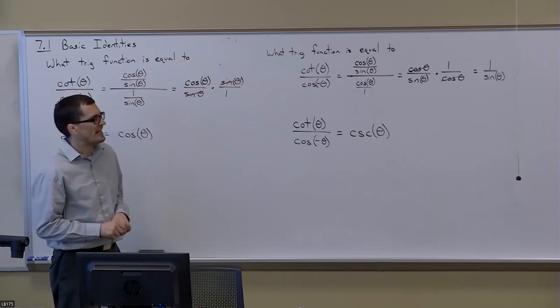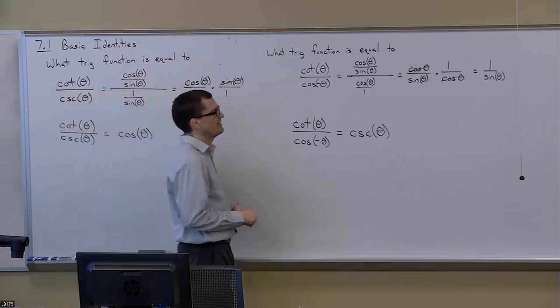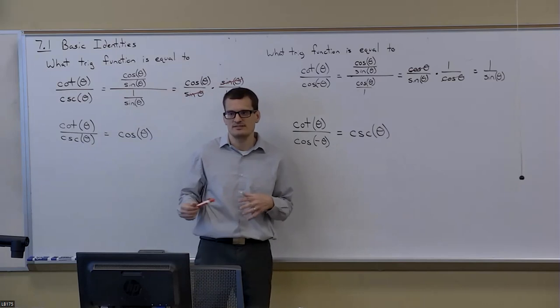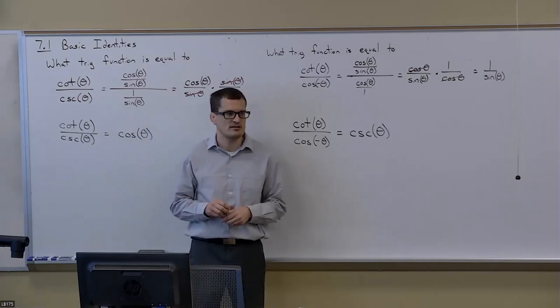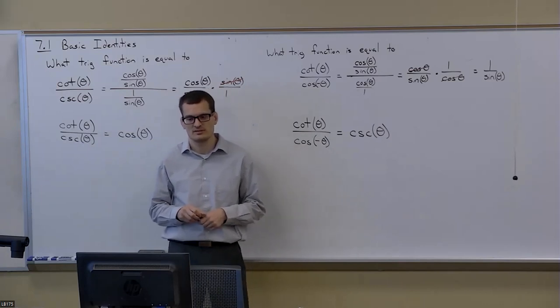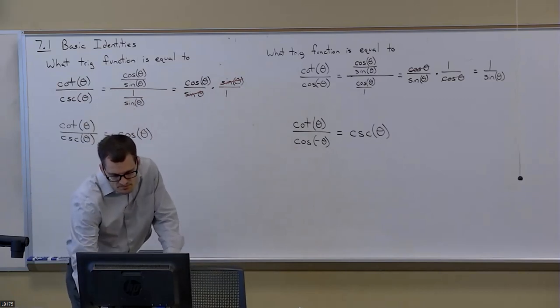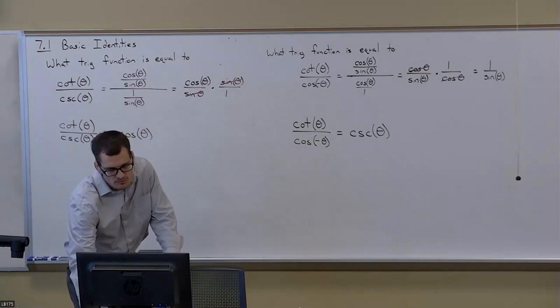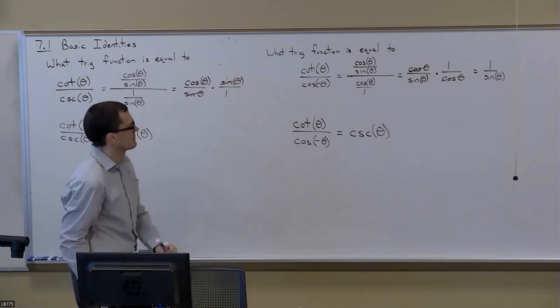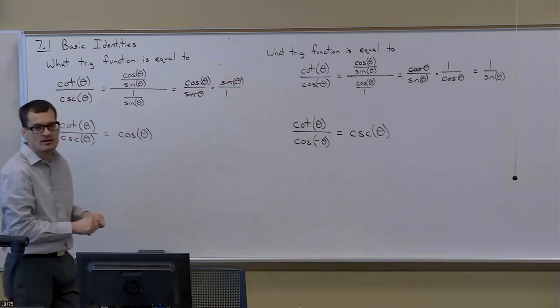So we can use basic identities to manipulate, cancel out, do all kinds of other stuff. Now, these ones are fairly straightforward in terms of the path that's laid out.